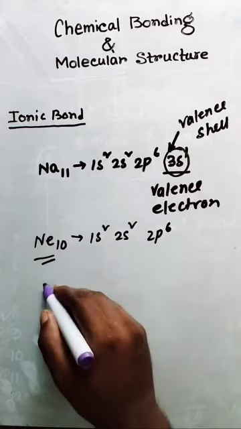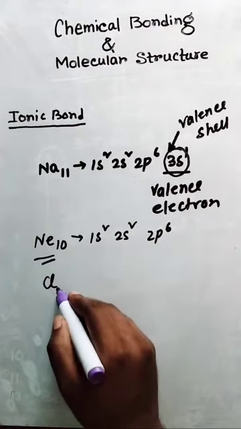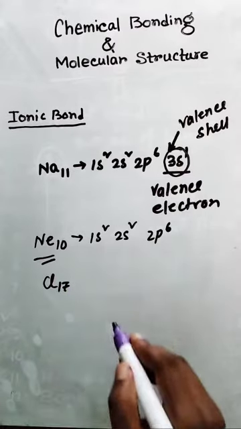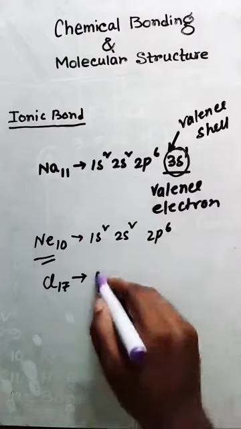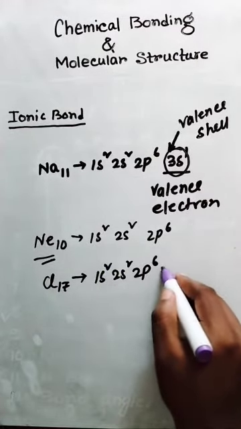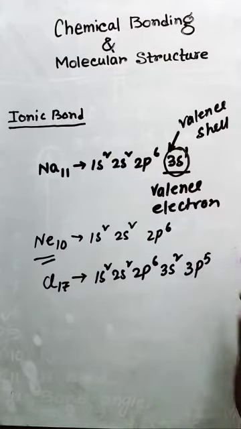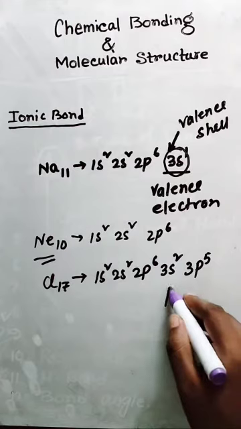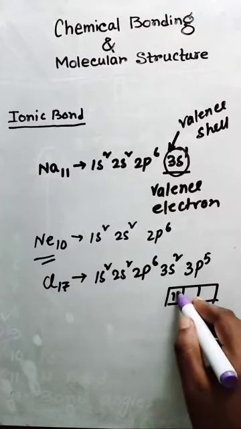Another atom is chlorine. You know, chlorine has 17 electrons. That means the electronic configuration of chlorine is 1s2, 2s2, 2p6, 3s2 and 3p5. That means there are 7 electrons in its valence orbital.